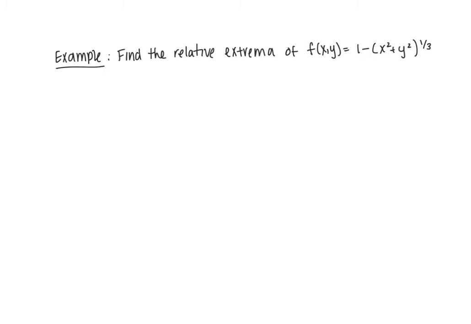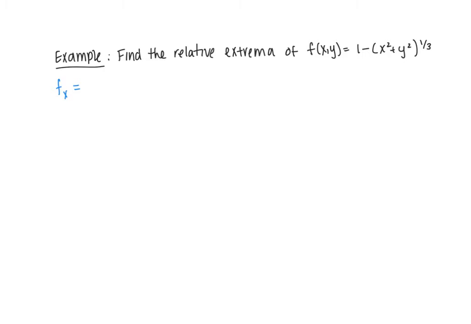We're going to find the relative extrema of f of x, y equals 1 minus x squared plus y squared to the 1/3 power. So I'm going to start by finding some possible critical points by taking the partial derivatives with respect to x and y. So my partial derivative with respect to x is going to require the chain rule.